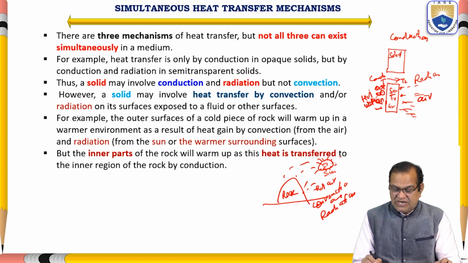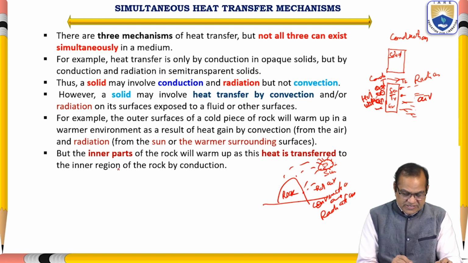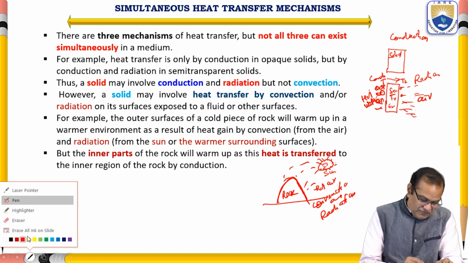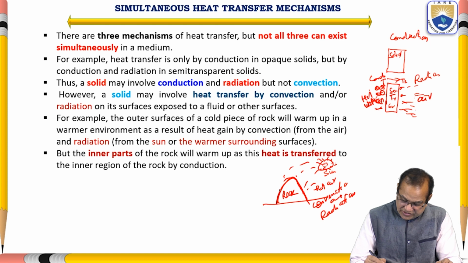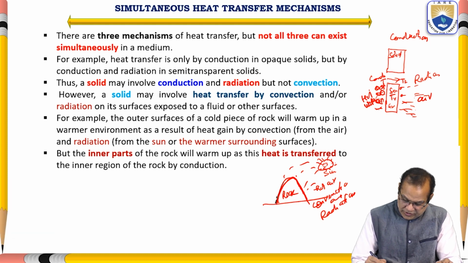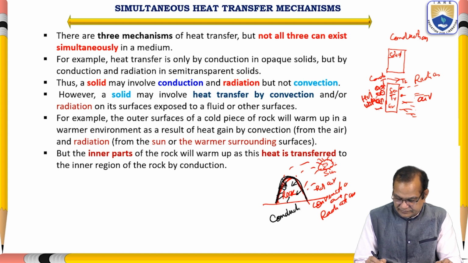but the inner part of the rock will warm up as this heat is transferred to the inner region of the rock by conduction. But radiation will only affect the surface. I am just putting in different colors. So you can see here, this much only will be heated by radiation. Inside, the heat will move by conduction.